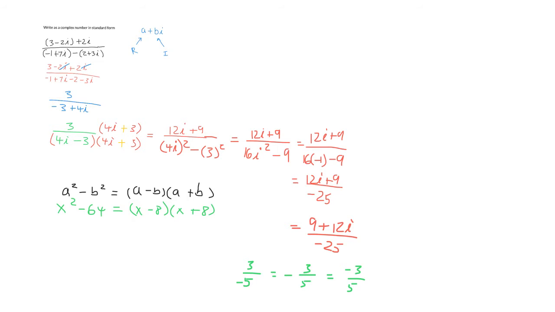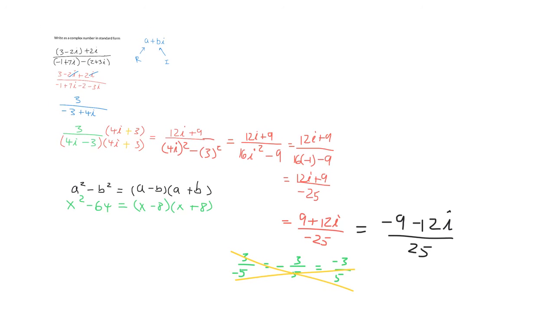All right, so let's forget this for a moment, and we're going to focus here. What if we applied the negative to the top? Well, that would be negative 9 minus 12i, all over positive 25. And then finally what I would do there is split this fraction, because this has two terms.